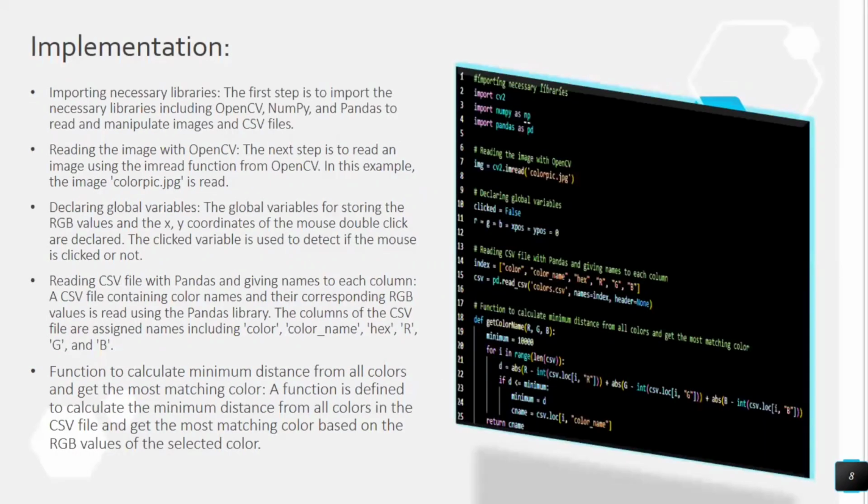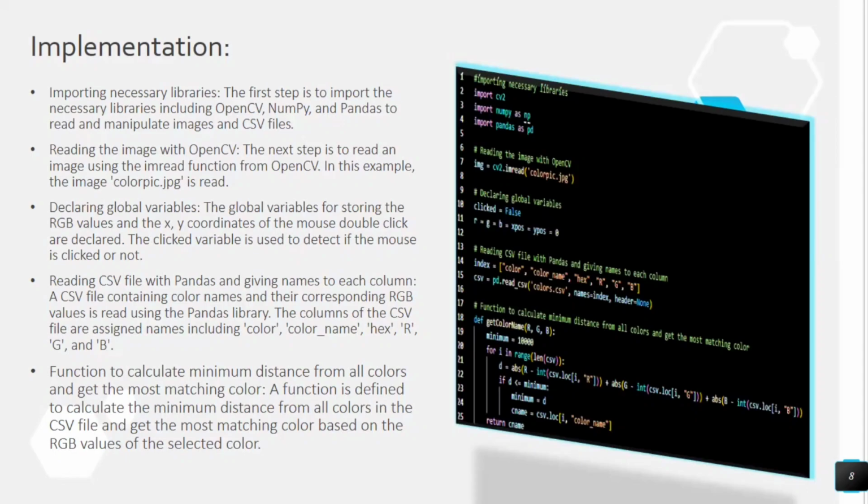Here is the implementation of color detection from an image. In this implementation, first of all, you need to import the necessary libraries, including OpenCV, NumPy, and Pandas, to read and manipulate images and CSV files.